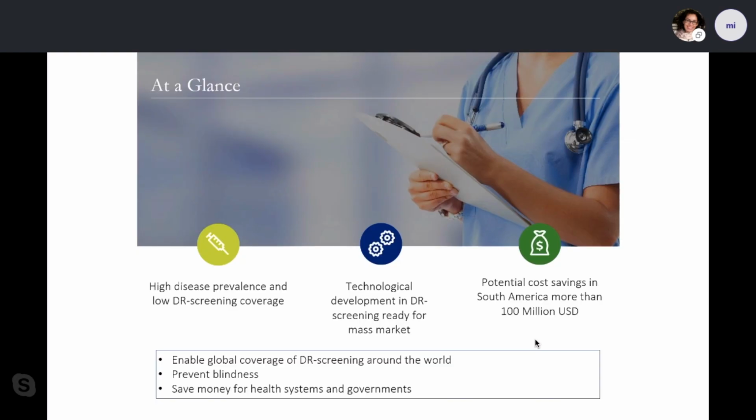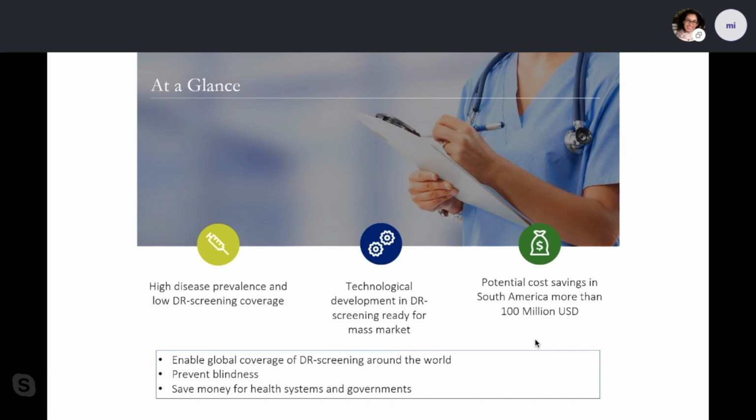Yeah, and the main point of this research project that you are going to present in Amsterdam is that there's a high disease prevalence and low DR screening coverage around the world, of course mostly in developing countries. The potential cost saving, for instance, in South America, is more than 100 million US dollars.